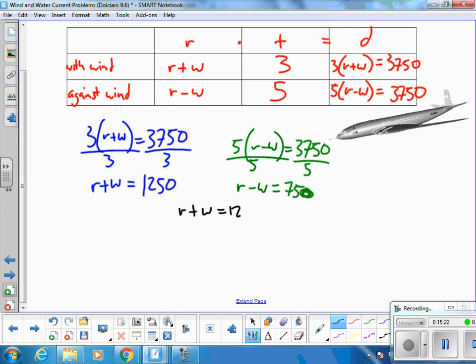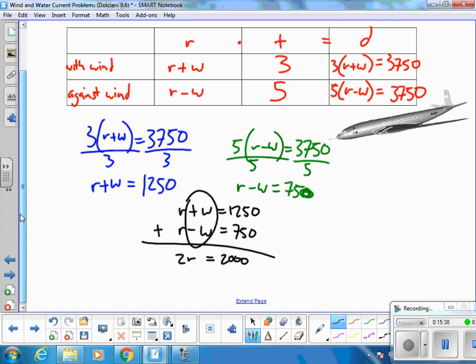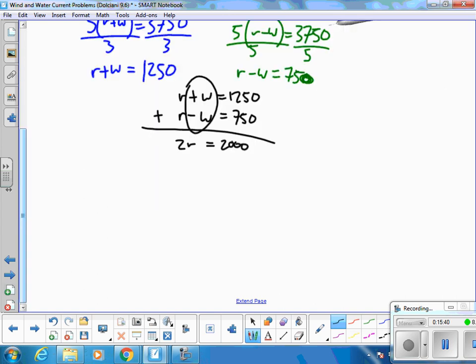R plus W equals 1,250. R minus W equals 750. W's cancel out. I have 2R equals, if I add those together, I end up with 2,000. Nice. Divide by 2. My rate is 1,000 kilometers per hour.